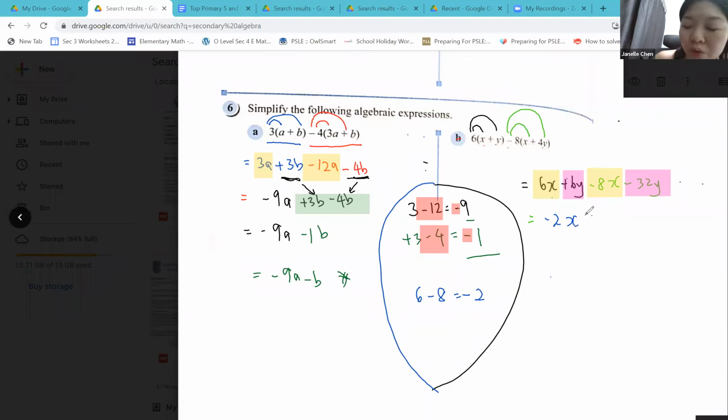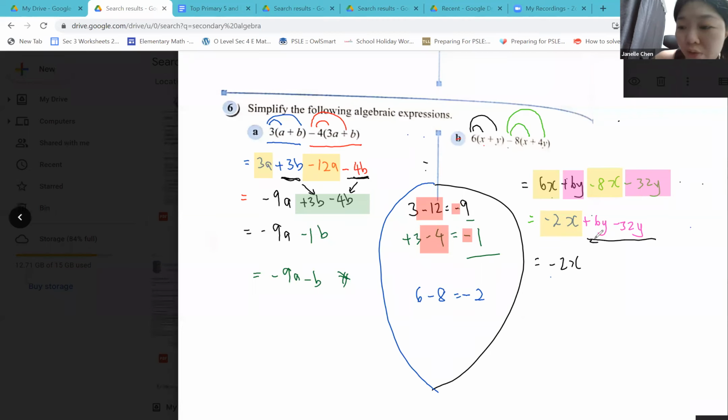I hope you all follow. This is for the yellow part. I'll highlight later. And then for the behind, I'm going to copy in pink color. So I have plus 6y minus 32y. We obtain the answer for the yellow highlighted part, and then I'm going to copy down minus 2x.